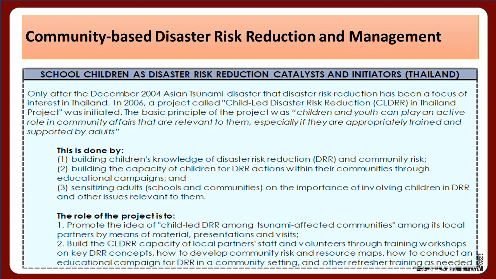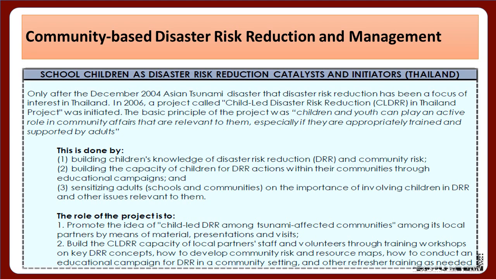Only after the December 2004 Asian tsunami disaster has disaster risk reduction been a focus of interest in Thailand. So in 2006, a project called Child-Led Disaster Risk Reduction in Thailand was initiated.